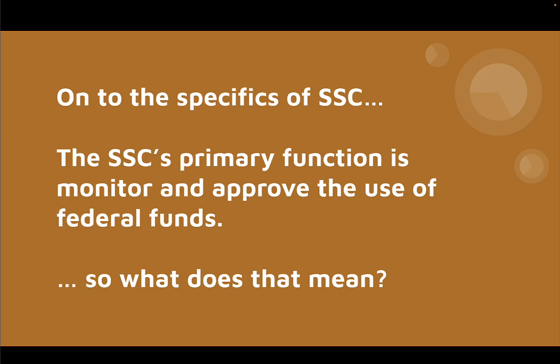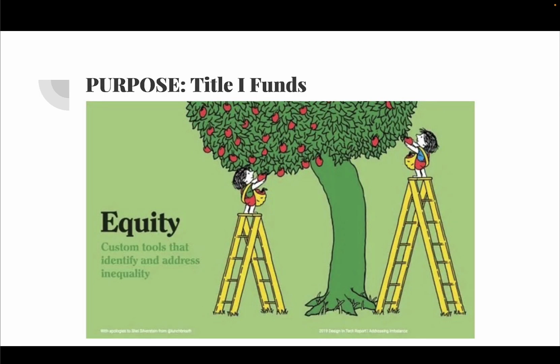Okay, thinking about the specifics of SSC. The SSC's primary function is to monitor and approve the use of federal funds. And by that, we mean Title I funds. So what does that really mean? When we think about Title I, we think about our nation's efforts to address the inequities that we know exist in our country.